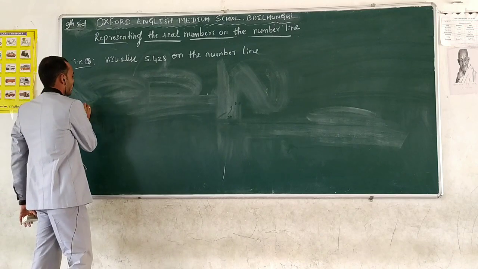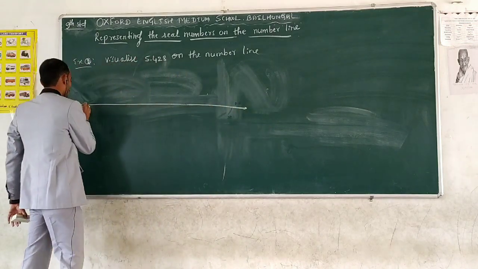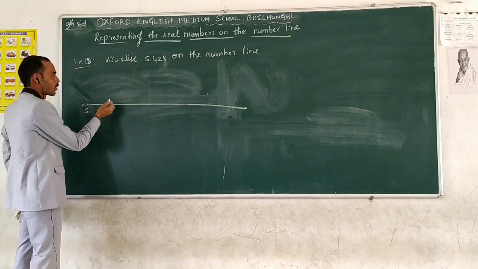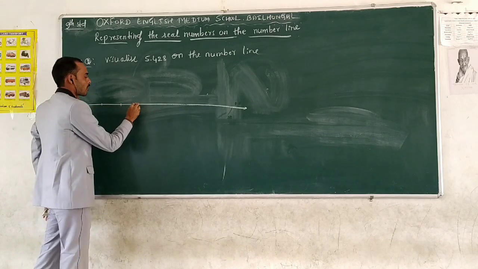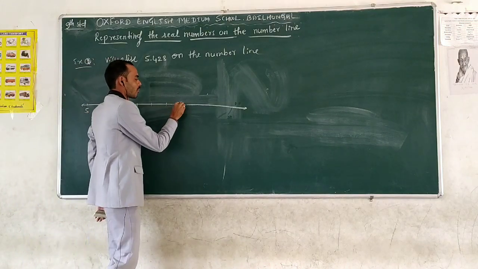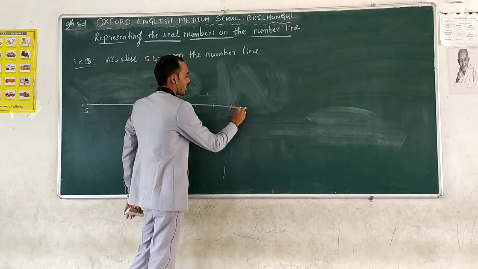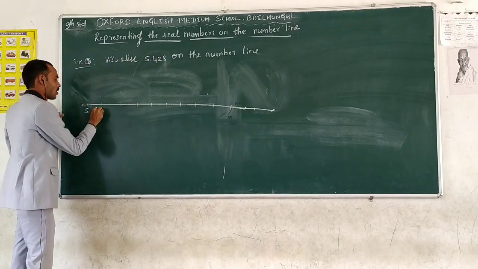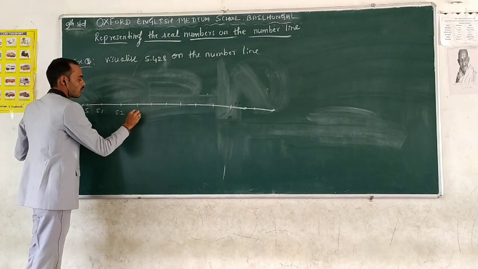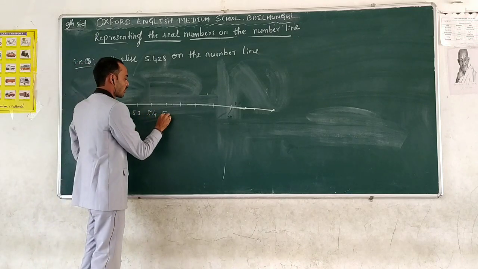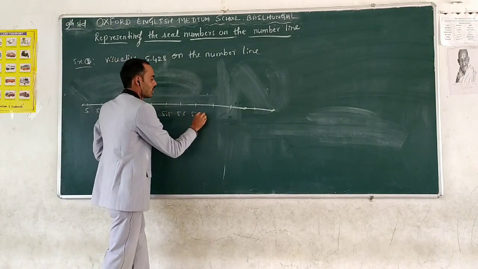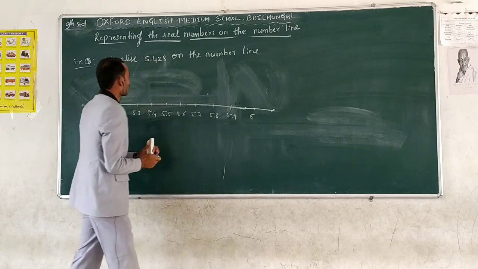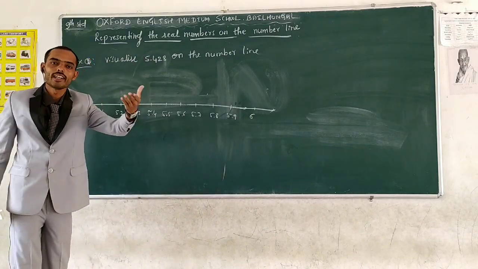First of all, we consider one number line, starting from 5 and ending with 6: 5.1, 5.2, 5.3, 5.4, 5.5, 5.6, 5.7, 5.8, 5.9 and 6. So, 5.4 is in between 5 and 6.